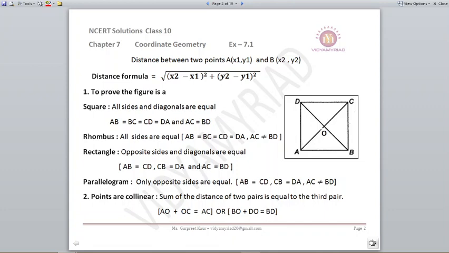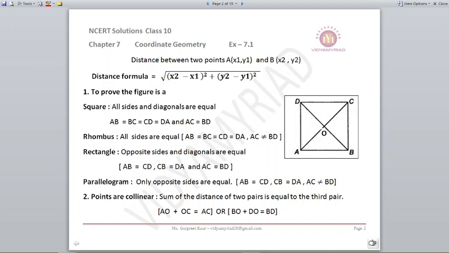Now there can be a situation where a figure is provided to you and you need to find out whether that particular four-sided figure or a quadrilateral is a square, rhombus, rectangle or parallelogram. So for that, you know that in order to find square, it means all the sides will be equal and diagonals will be equal. To find out rhombus, sides will be equal but diagonals are not equal.